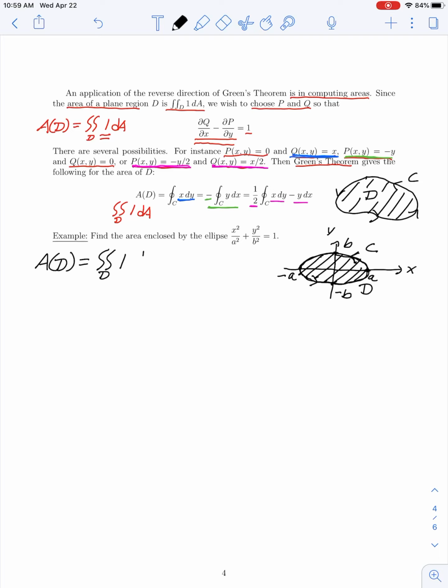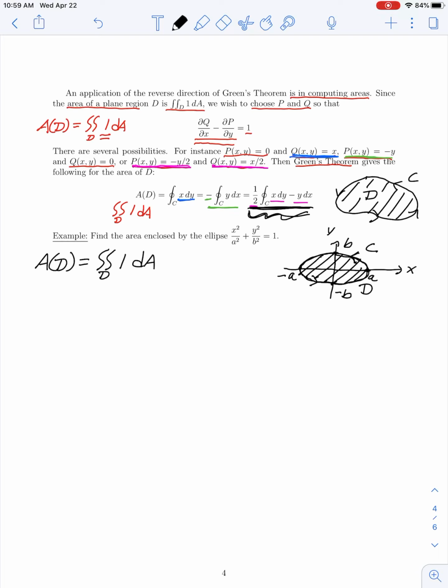integral over D of the constant 1 with respect to A. And then I'm going to think about functions P and Q such that the difference in their partial derivatives would be equal to 1. So we said there's a few ways that we could choose those functions P and Q. I'm going to make use of the last choice so that I'm using the following line integral to evaluate that area.